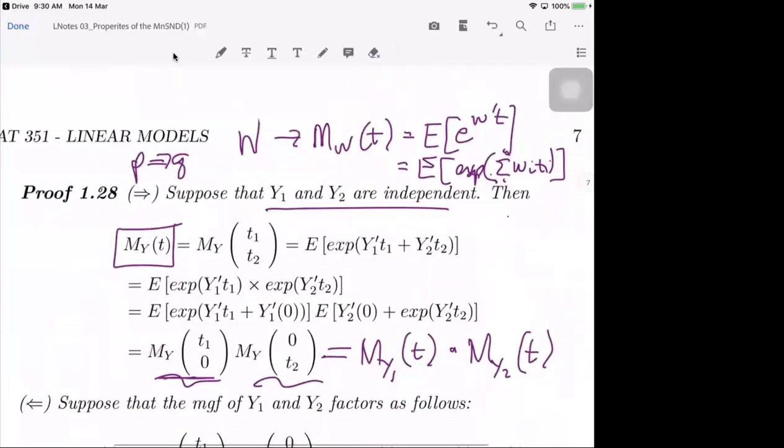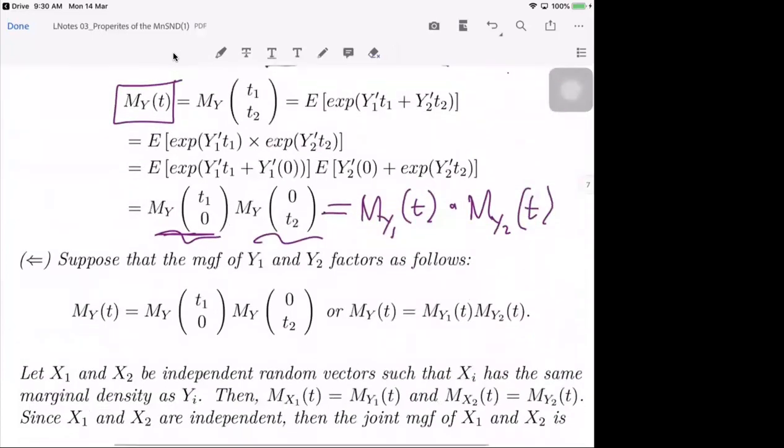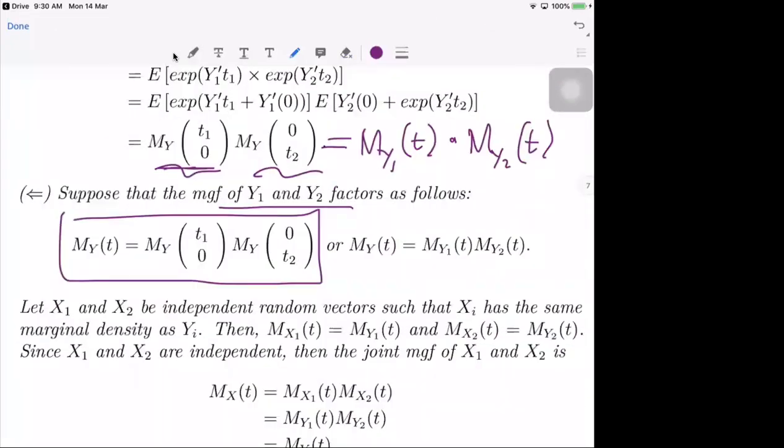Next, suppose that you can factor your moment generating function in this manner. Assume Q, and you want to show that it is P, or you can write it in this manner. Another way of writing these terms.